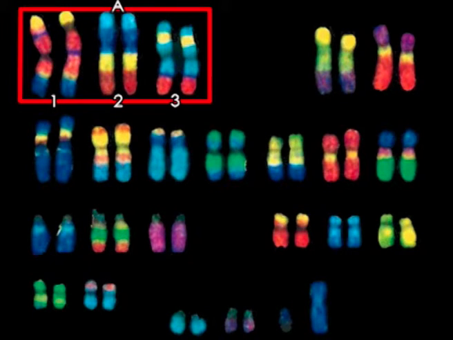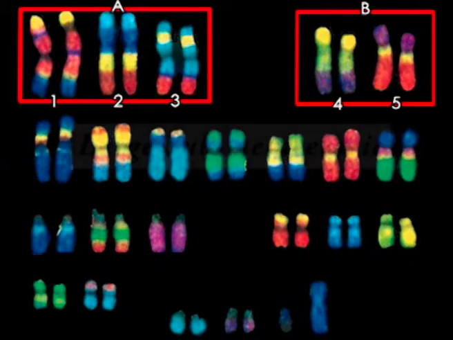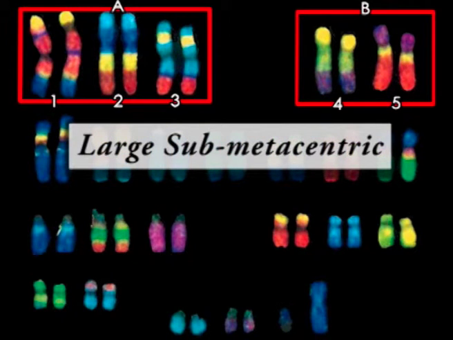And in group number B, the chromosome number 4 and 5 come. They are large submetacentric and are all similar.